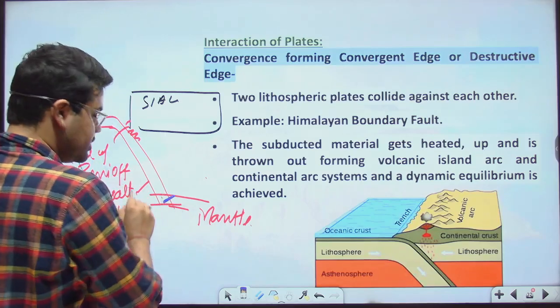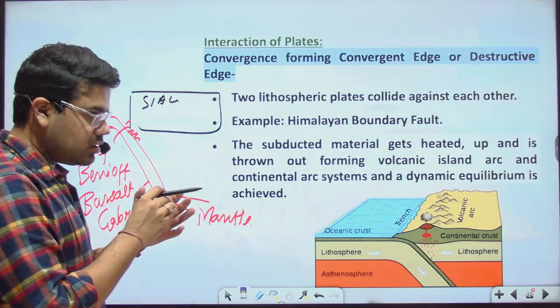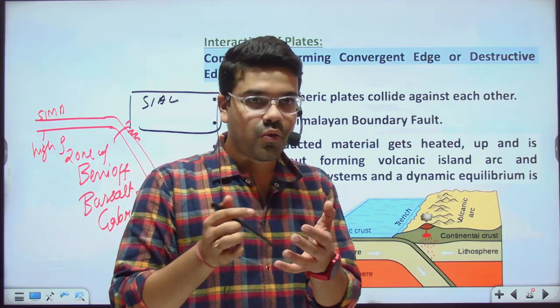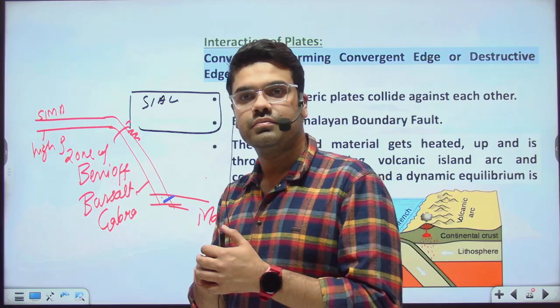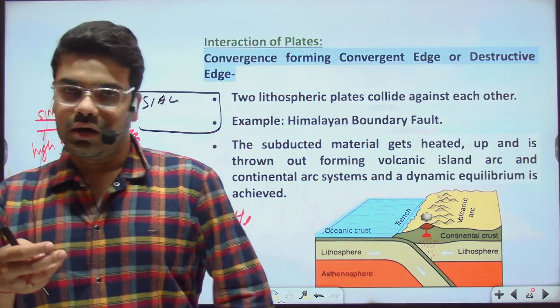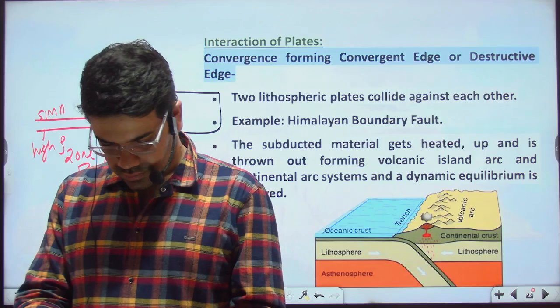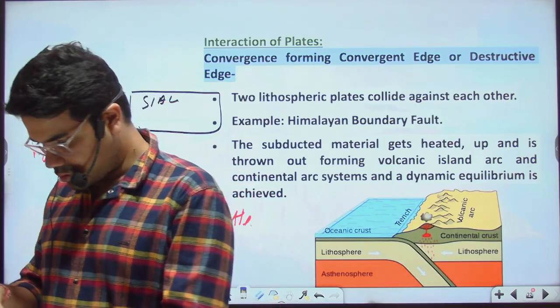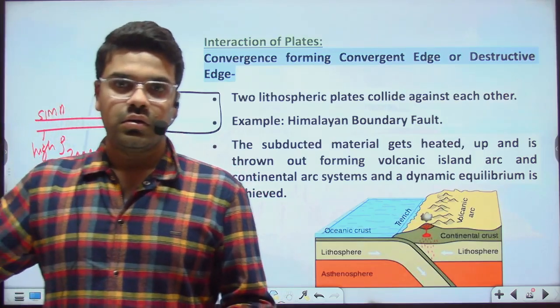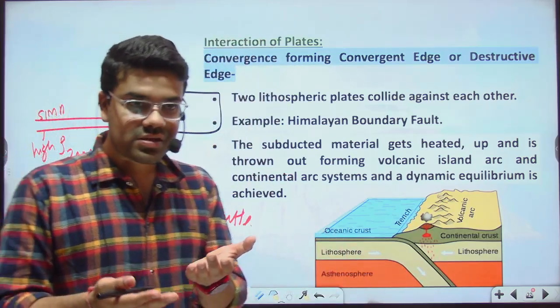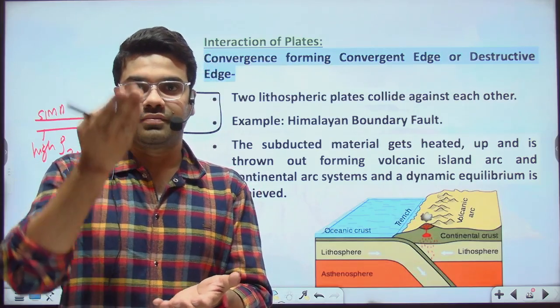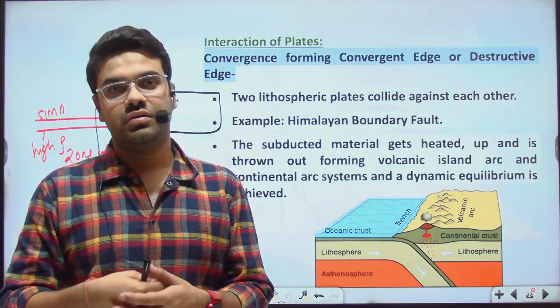When they get melted away, just imagine when you boil water. By boiling water, what do you get? The steam is formed. The steam becomes lighter, it starts moving upward.